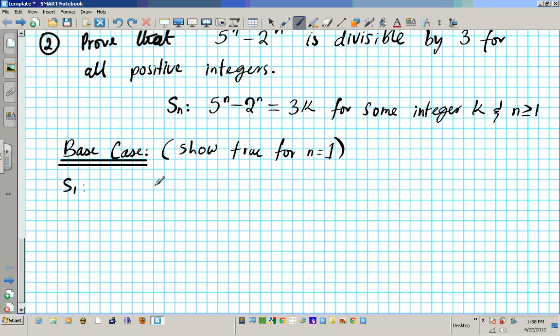So I'm going to rewrite this using 1 as my substitute for n. So I'm going to write 5 to the 1 minus 2 to the 1. Is it equal to a multiple of 3? Is it? So 5 to the 1 is just 5. 5 minus 2. Is it a multiple of 3? 5 minus 2 is 3, right? Can I write 3 as a multiple of 3? Absolutely.